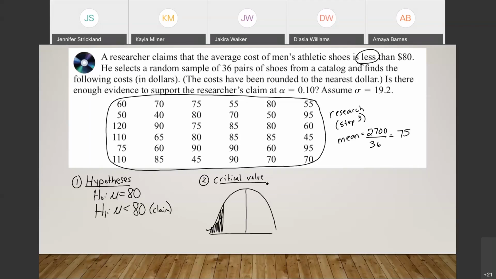Is it 0.28? Okay, so we would say 0.10 over here, subtract from 0.5. We would get 0.4000. The closest thing in the table is 0.3997, which corresponds to negative 1.28.